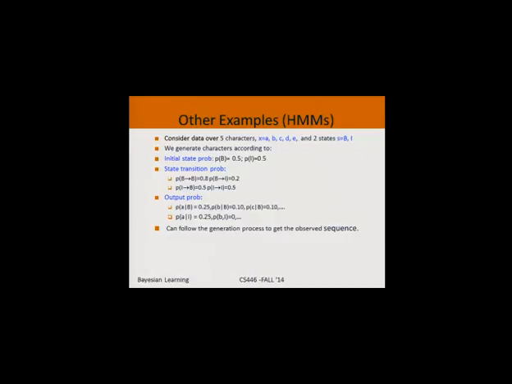So everything in the sequence belongs either to an I state or a B state. So in order to define the model, we need to understand how we're going to generate it. So first of all, we need to know something about the states. We have initial state probabilities. In this case, it's 0.5 for B, 0.5 for I.